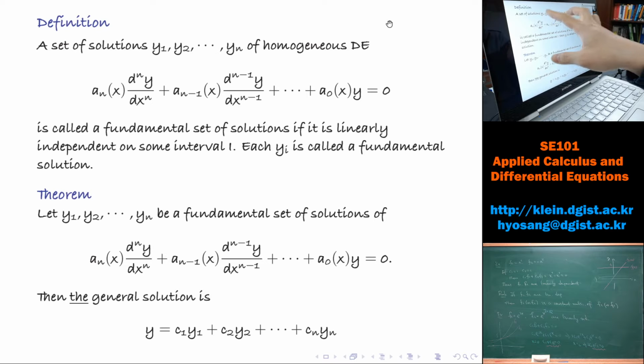We call this set of solutions a fundamental set of solutions if they are linearly independent on some interval I. This interval is important when we are talking about a particular solution to the initial value condition, so don't forget about the interval. We're always talking about the interval. Each yi is called a fundamental solution.